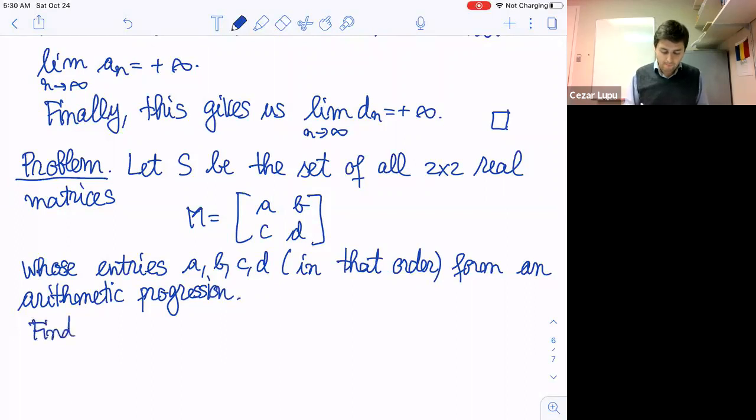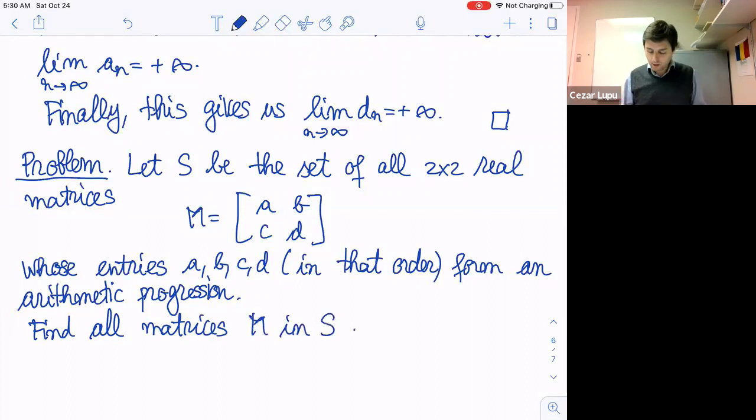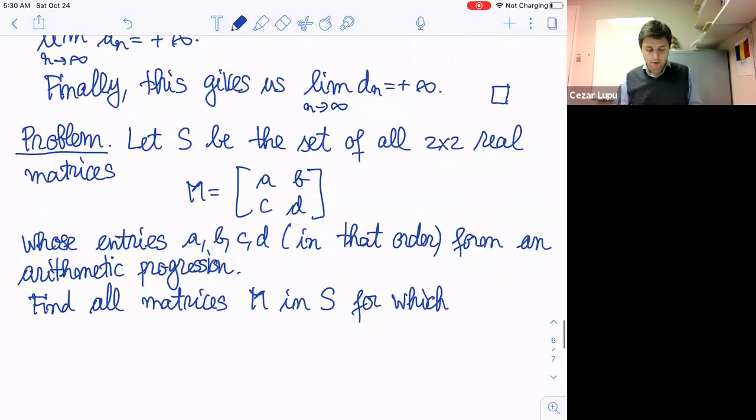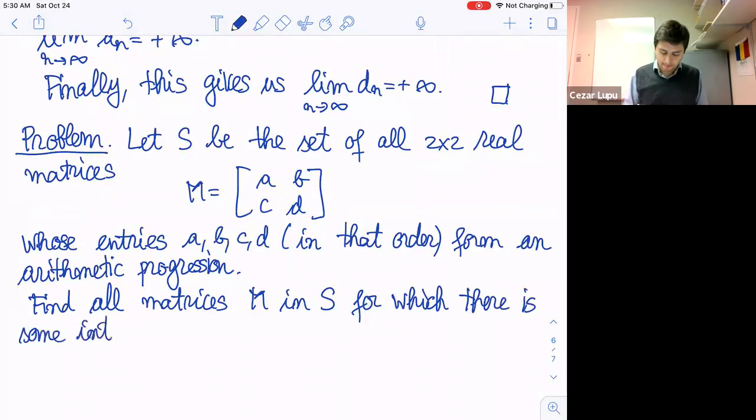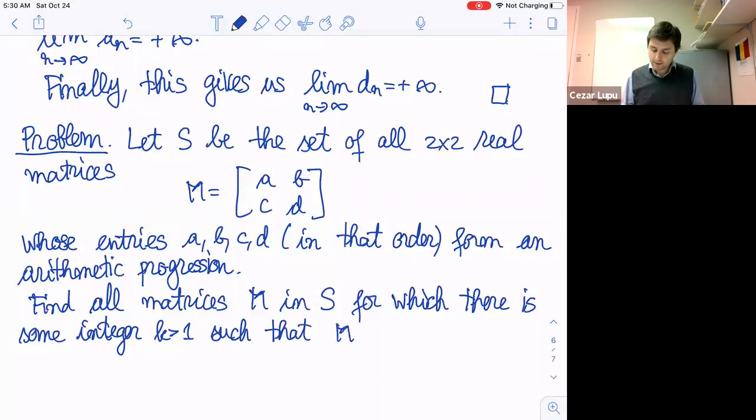Find all matrices M in S for which there is some integer k greater than 1, such that M to the power k, so we raise the matrix, is in S as well.